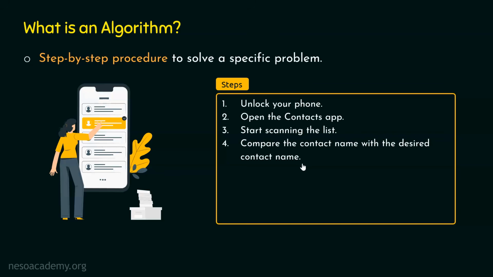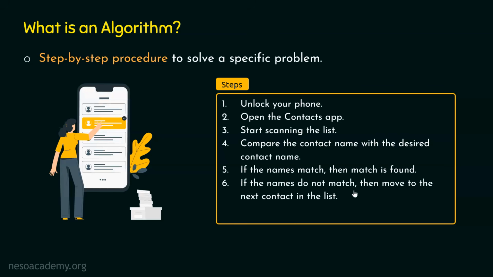We need to compare the desired contact name with the contact name which we are seeing on the list. If the names match, then match is found. If the names do not match, then we will move to the next contact in the list. We need to repeat this process until the desired contact is found.